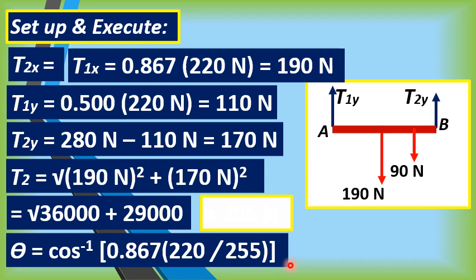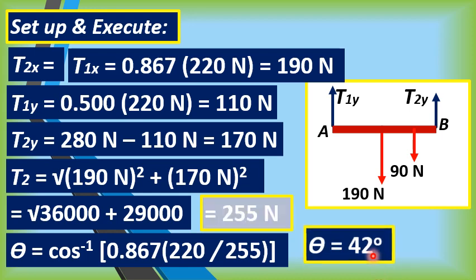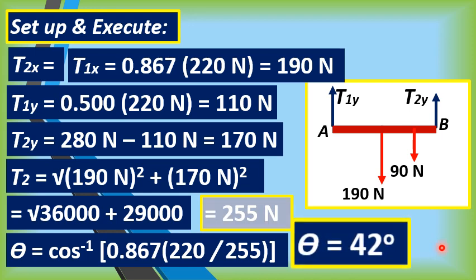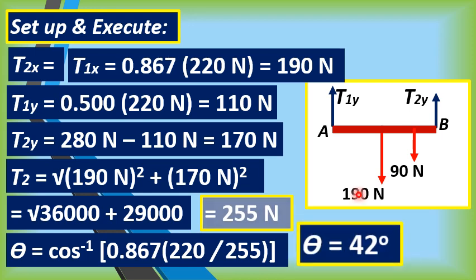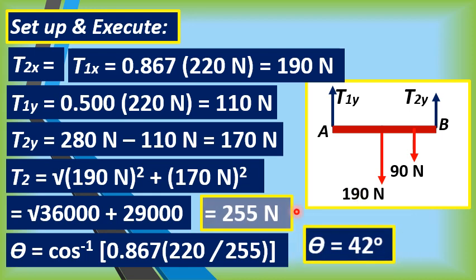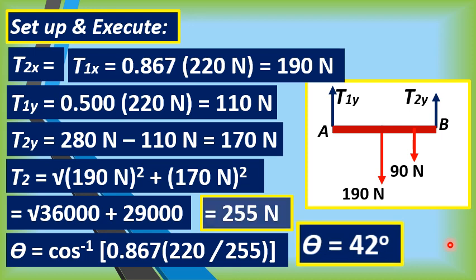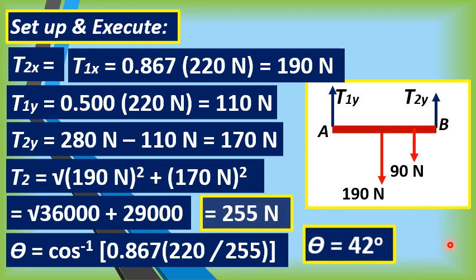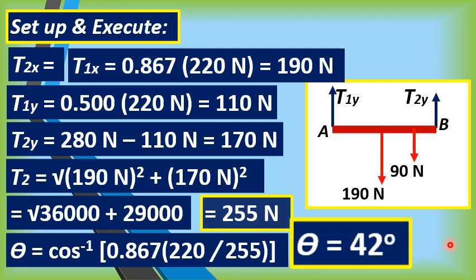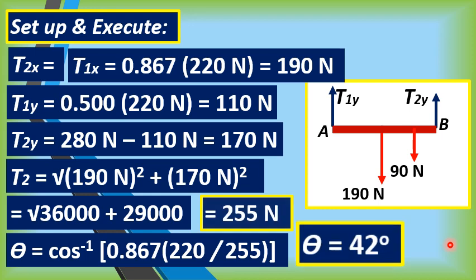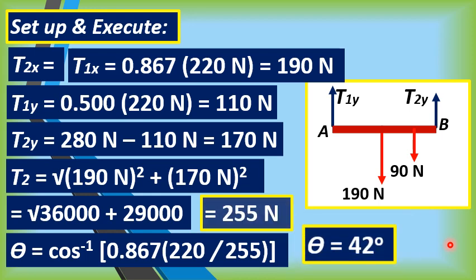So, doing our math or using your scientific calculator, we arrive at the value of angle theta equal to 42 degrees. So that's it. We are done with our computation for the three target variables, T1, T2, and the angle theta.